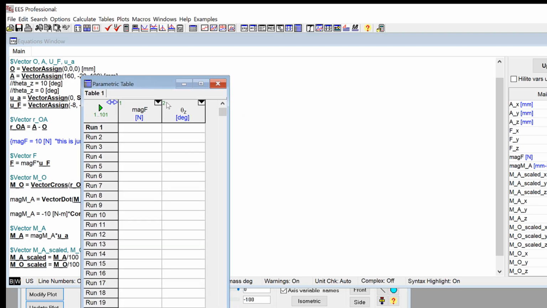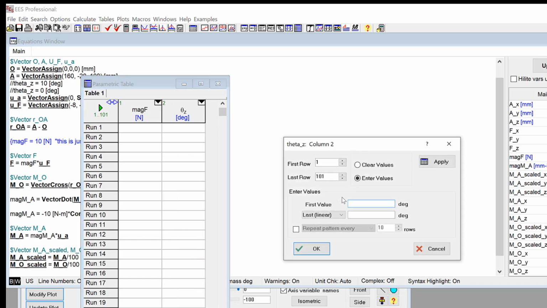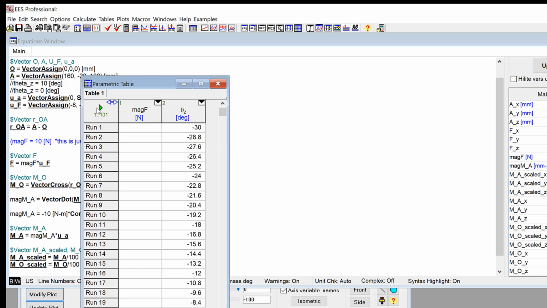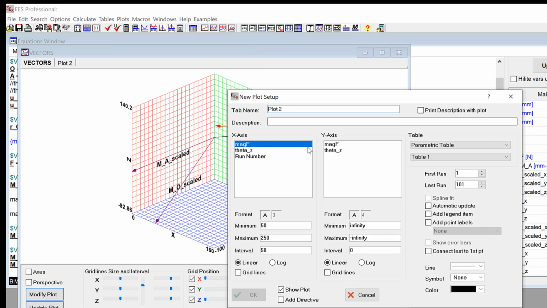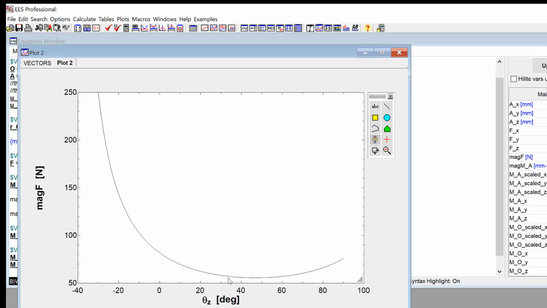And maybe I'll vary this, I don't know, from minus 30 degrees to 90 degrees, and we'll solve the table. And you can see that, yeah, there is an optimal angle of rotation in the YZ plane, and it's about 40 or 50 degrees or something like that, and that gives you the smallest force required to produce a steering moment.